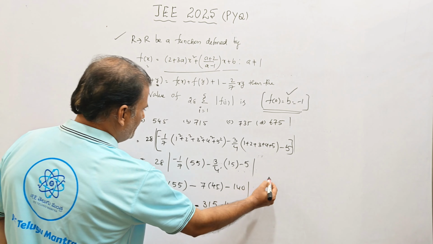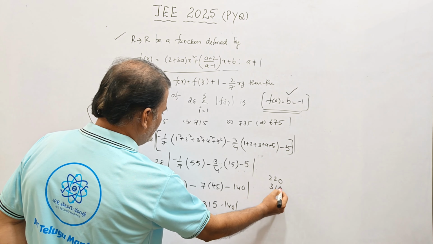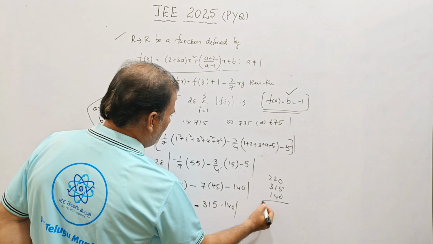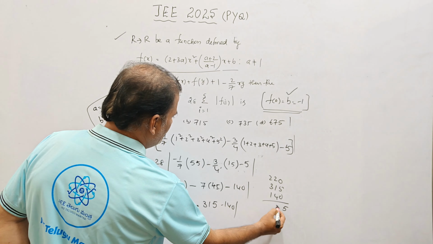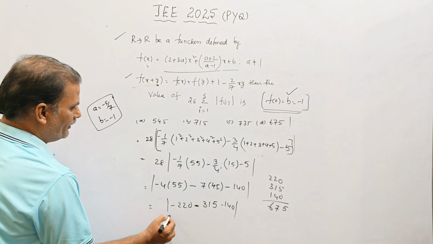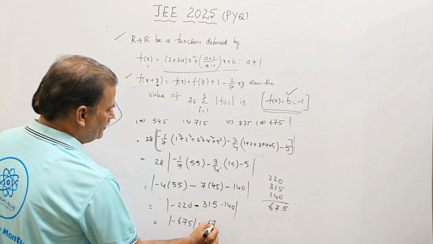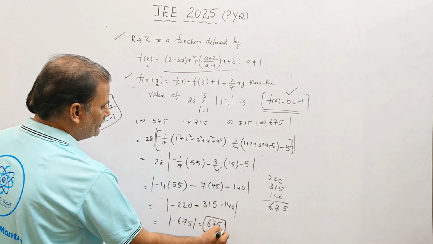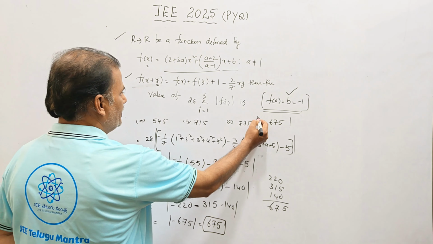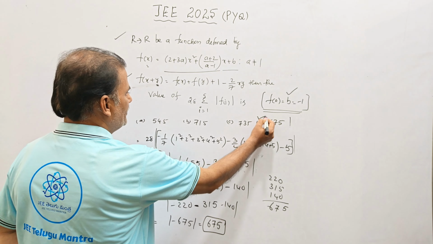Minus 220, 315, 140, we have to add these two, we get 675. Mod 675 is equal to 675. The option is D.